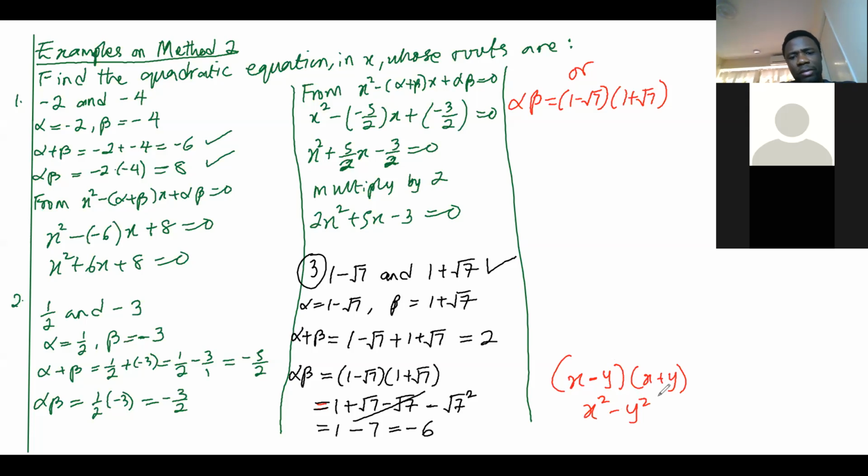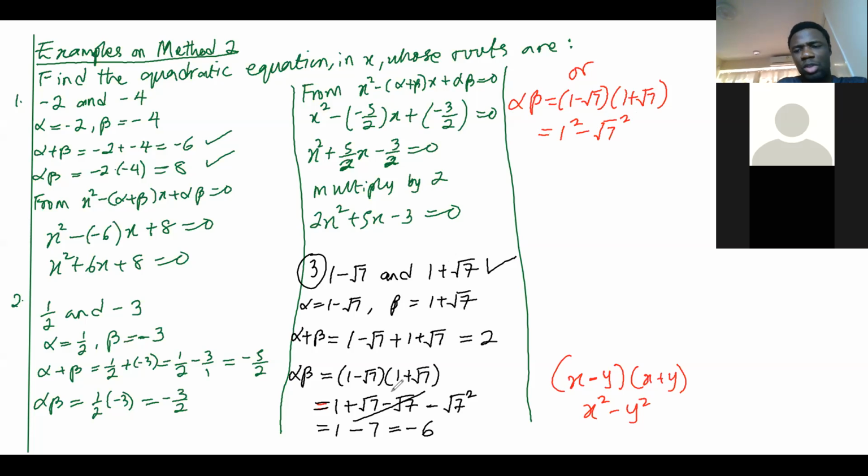So whenever you have roots in surd form like this, they are always conjugates of each other, which means one has plus, one has minus, but both of them have 1 and root 7 in the same order. So in that case, we just say 1 squared minus root 7 squared.